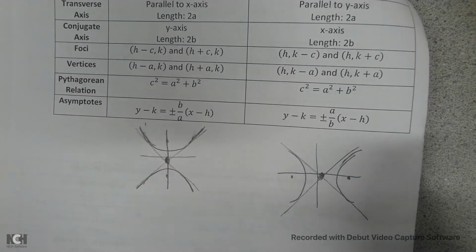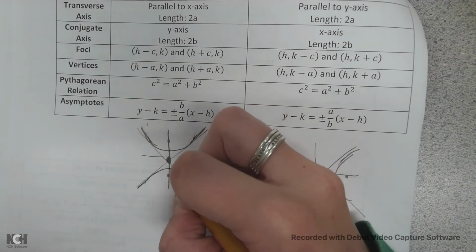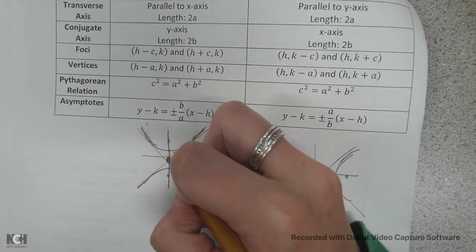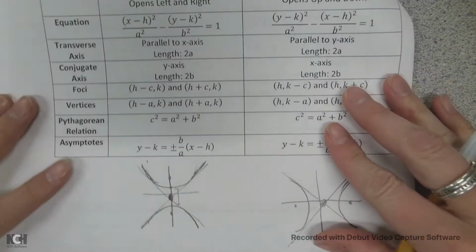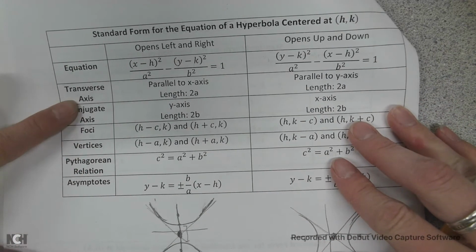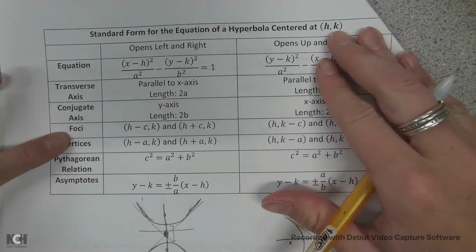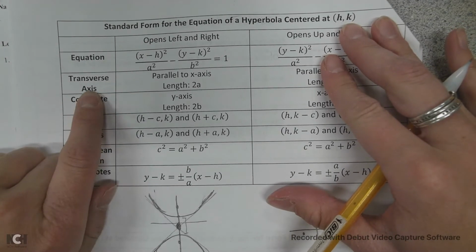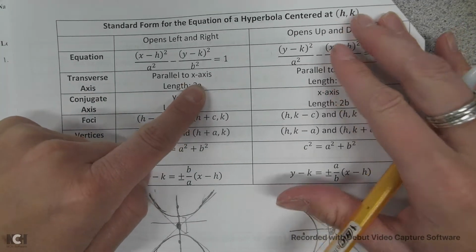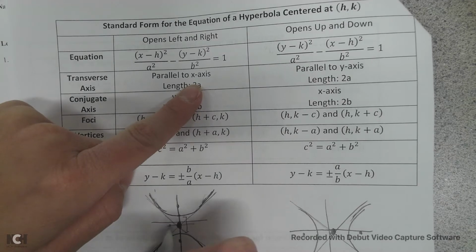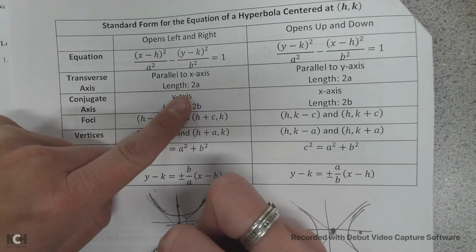Now there are distances from your vertex to vertex, so from here to here. If you look up here, that's what these names are, the transverse and the conjugate. The transverse axis is parallel to the x-axis, so it's going this direction.